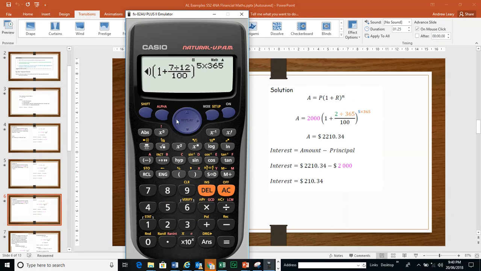Just be really careful they don't use the previous numbers though. So make sure you've changed all of them. So you might like to just double check it. 2,000 divided by 365, 5 times 365.